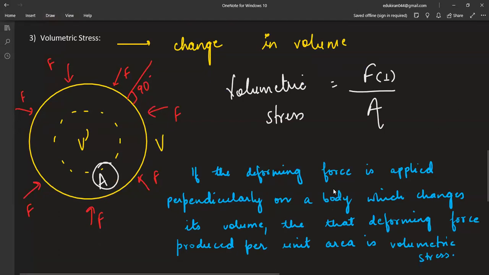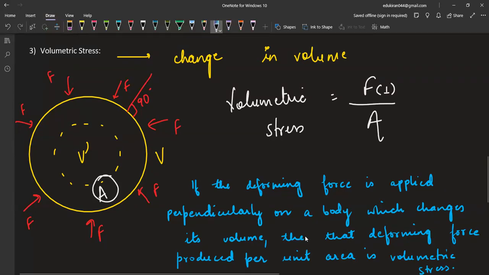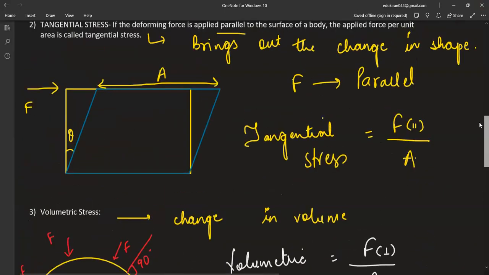So if the deforming force is applied perpendicularly on a body which changes its volume, then that deforming force produced per unit area is called volumetric stress. These are all the types of stresses that we have in nature. Write this down.